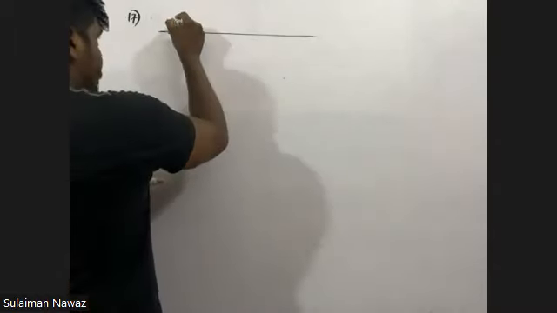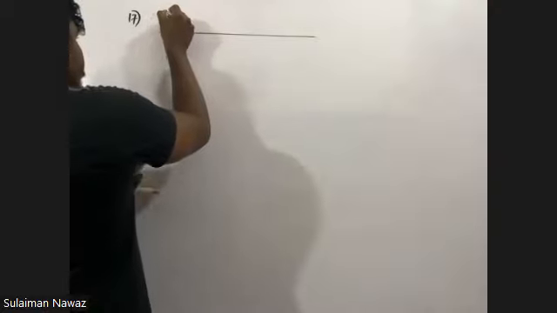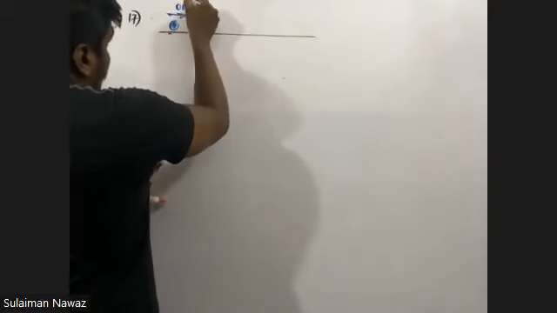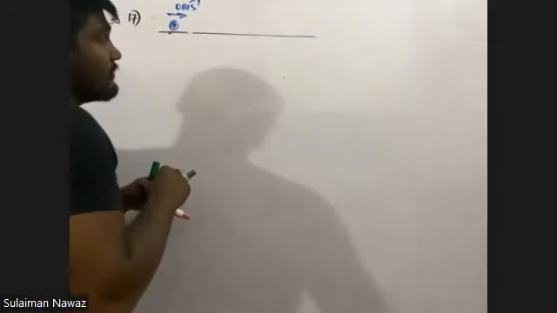Now, the question says the vehicle starts at rest. So we know the initial velocity of the vehicle is zero. Initial velocity is 0 m/s.